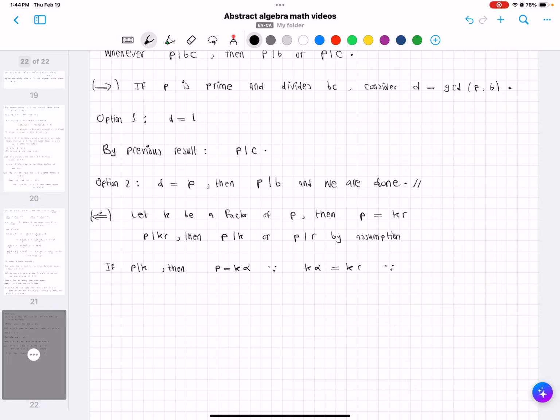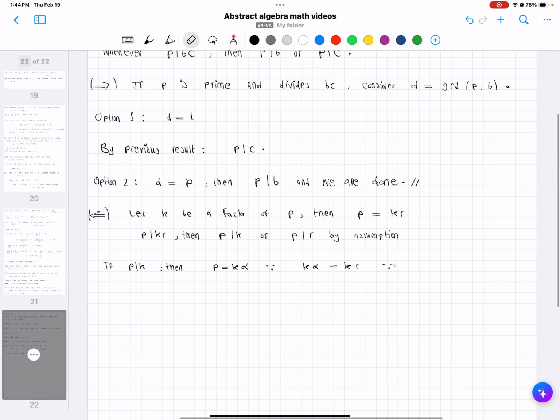Oh wait, P divides K, no. If P divides K, then that means you can write K as P times alpha. Then replace K by P times alpha, times R. So therefore, alpha times R is 1.